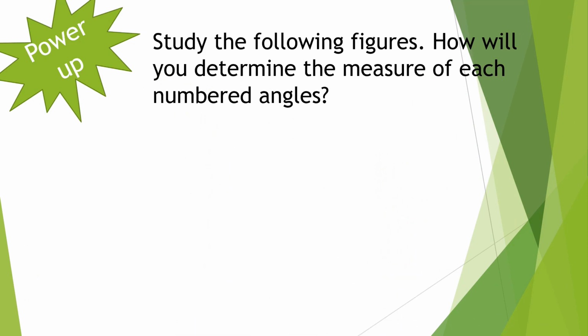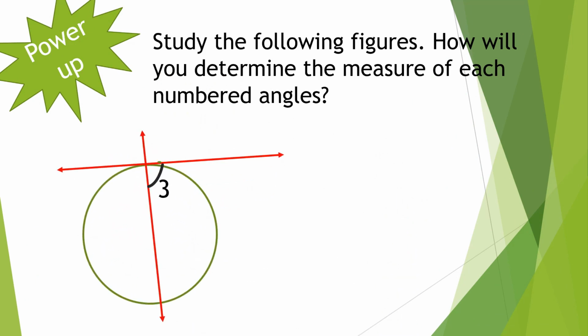And we have figure number 3: also a tangent line and a secant line meet at the point of tangency on the circle, and it forms angle 3. How will you determine the measure of angle 3?